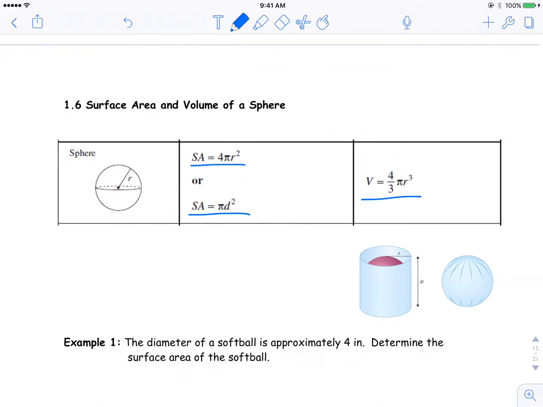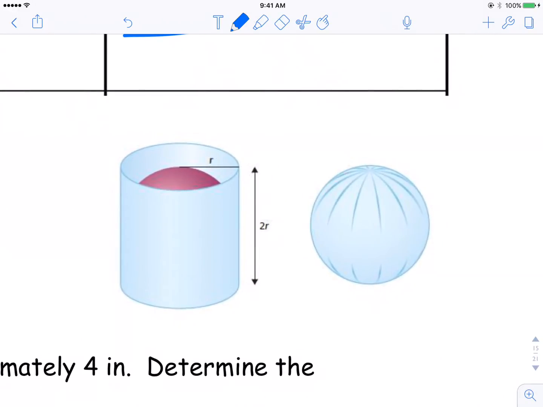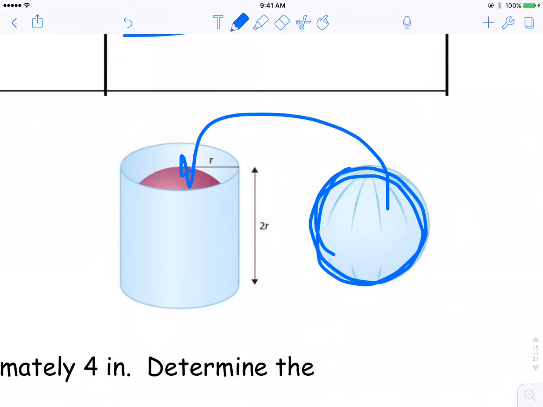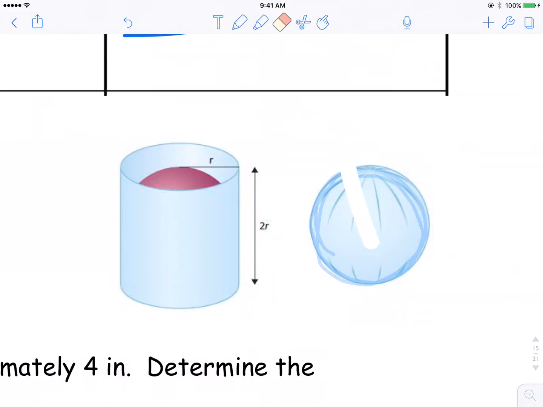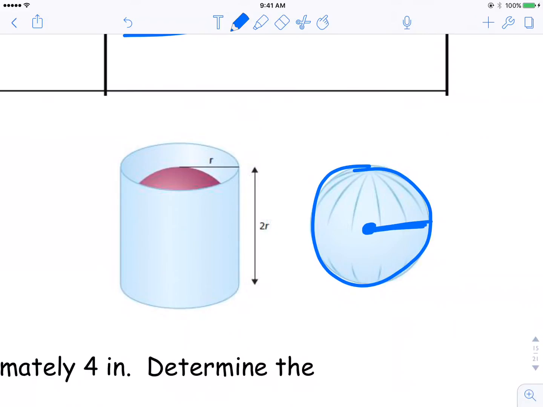One of the questions, or a style of question that they liked to use on the provincial exams all the time, was a question similar to this. Let's take this sphere, stick it inside some kind of container, and have you answer questions about the volume that is left over in the space. If I take this sphere and put it into this cylinder, what you have to understand is that the radius of this sphere is going to be the radius of this cylinder.